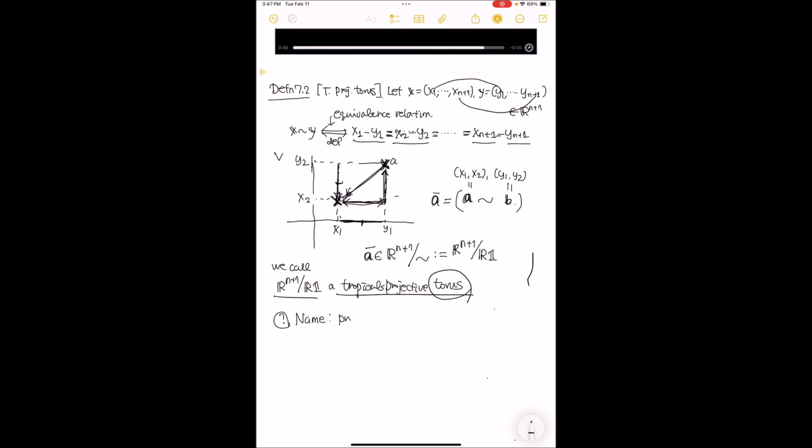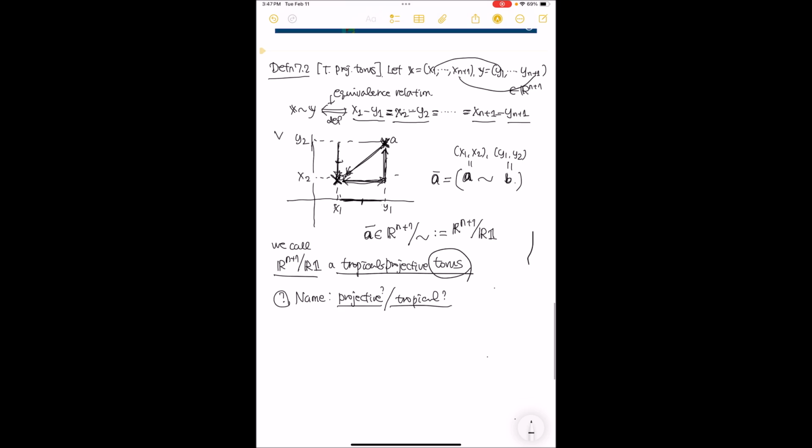Why does the name have projective and tropical? We should check this point.